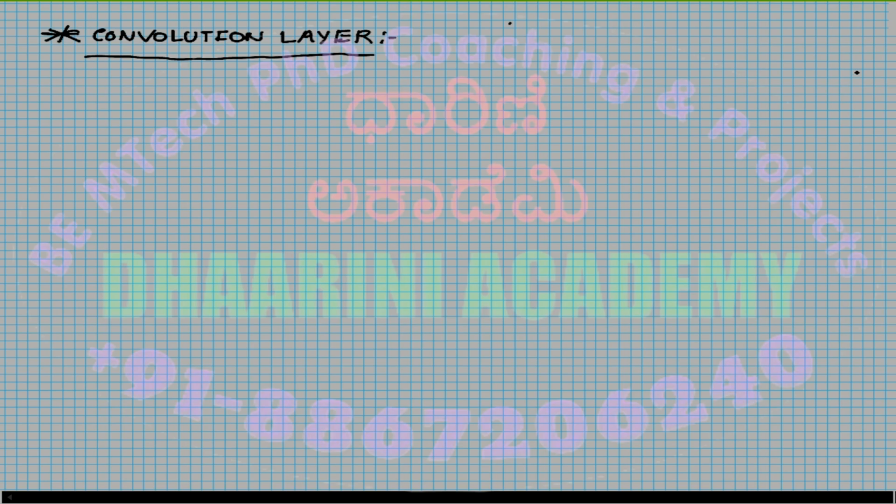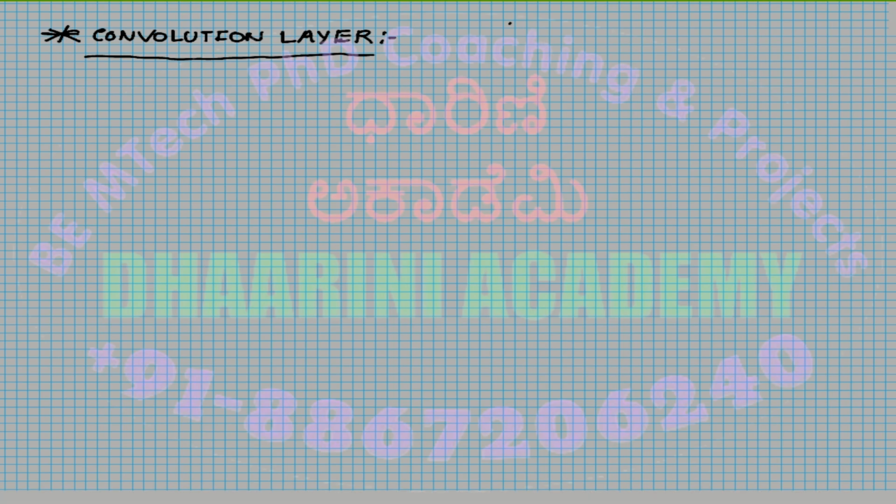Okay, so this is the convolutional layer. Previously we have seen that the convolutional layer is the important part, which is one side of the feature extraction neural network, and we have a pooling layer on the other side of this.